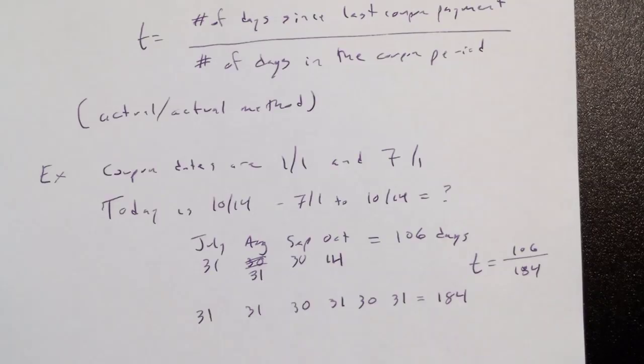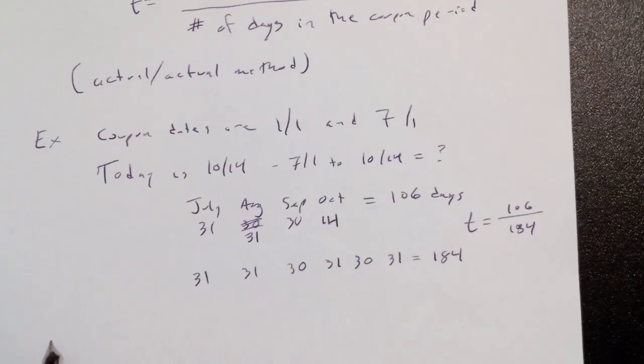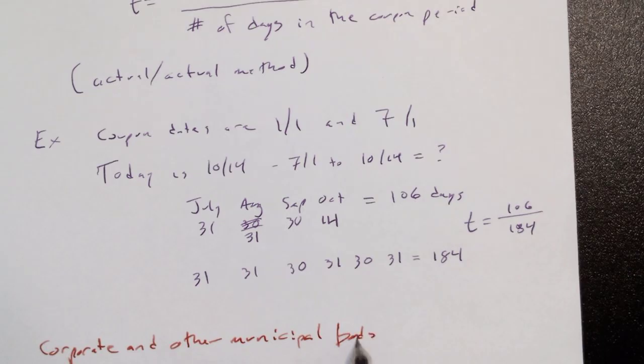So the business world said, forget this. The business world, corporate bonds, and most municipal bonds outside the federal government use the 30/360 rule.